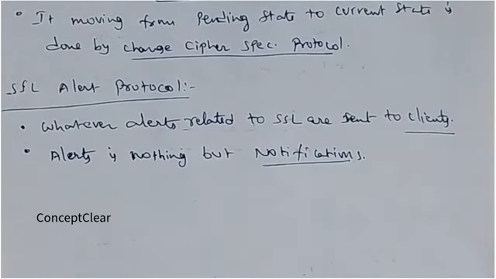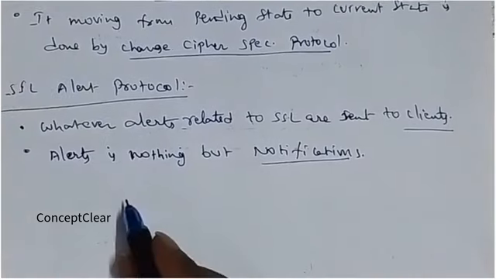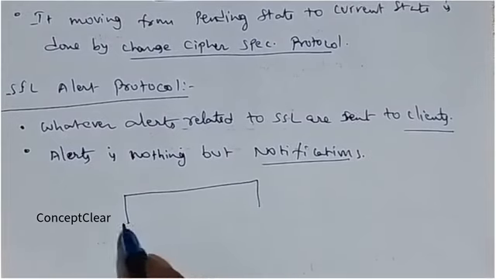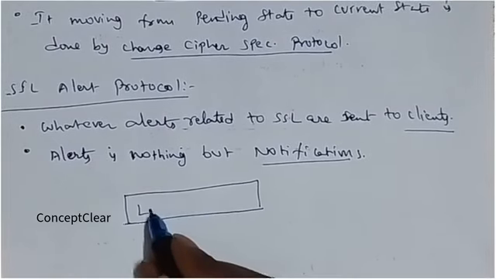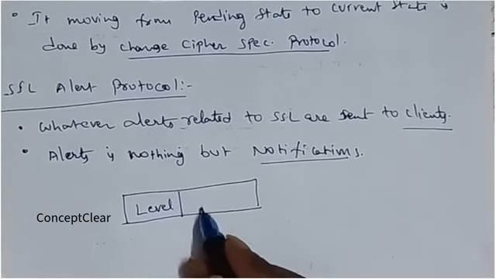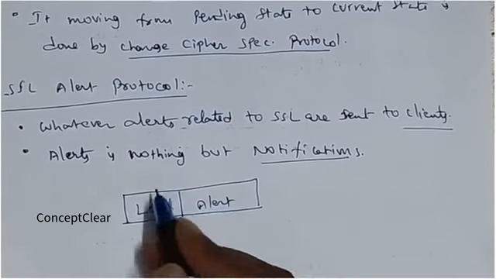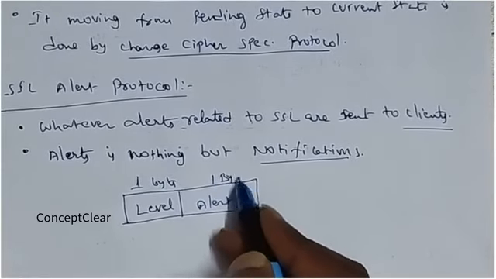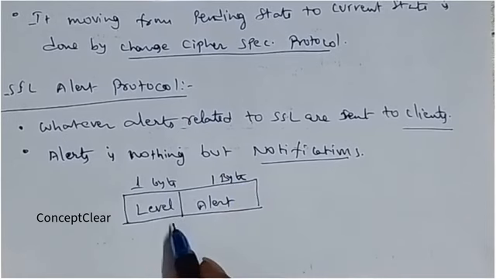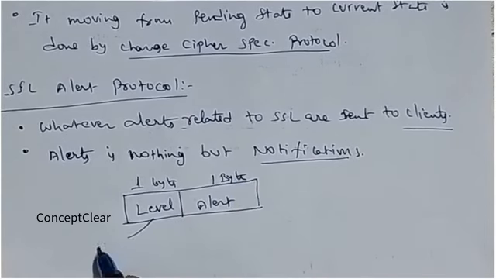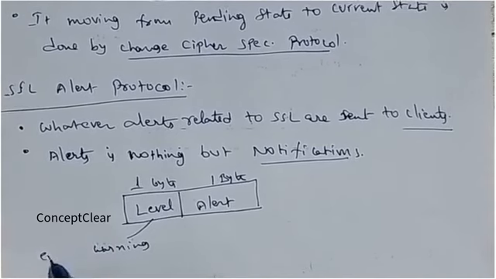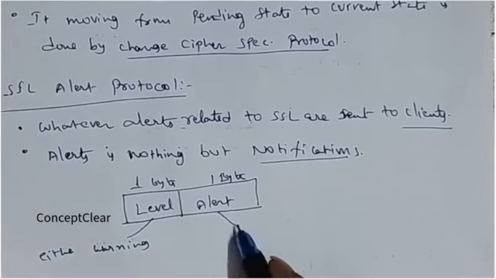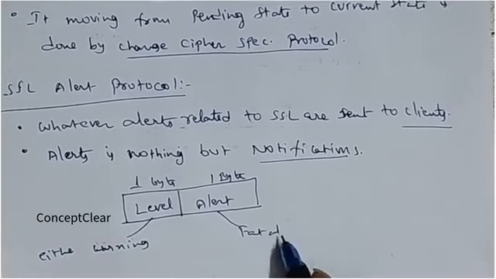Alerts contain two fields. The first one is the level field, the second one is the alert message. It contains 1 byte. Level means what? It is either a warning or a fatal error.